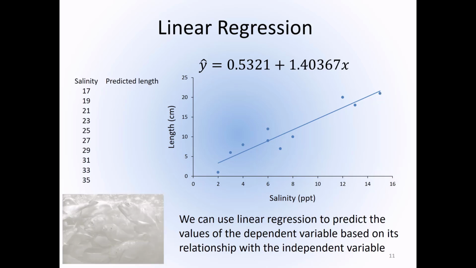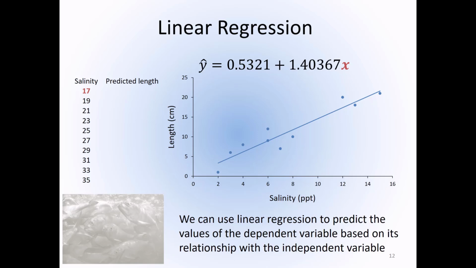Our goal here is to use our regression equation to make predictions about salinities higher than those in the initial data set. Our salinity values on the left here are now higher than that maximum value, and we're going to use our regression equation to predict what the length of these fish should be based on the data we've already collected. For each salinity, we input the value into x to predict our y value, our y hat value.